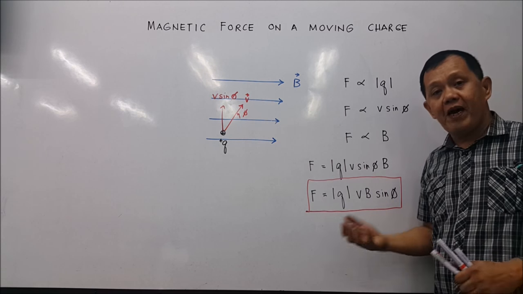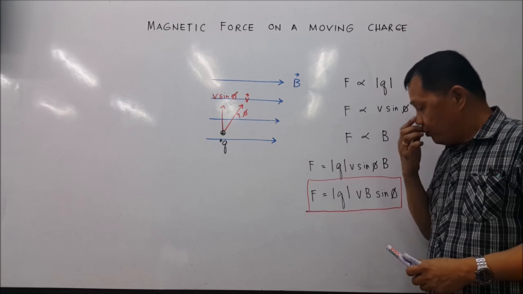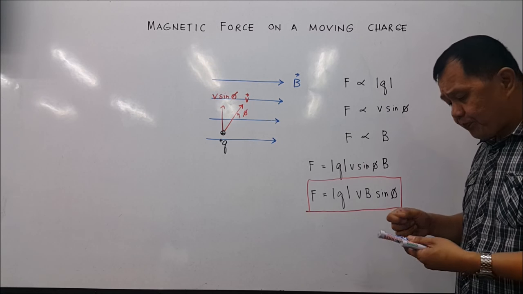Now, this only gives the magnitude. For the direction, we could use the vector form.